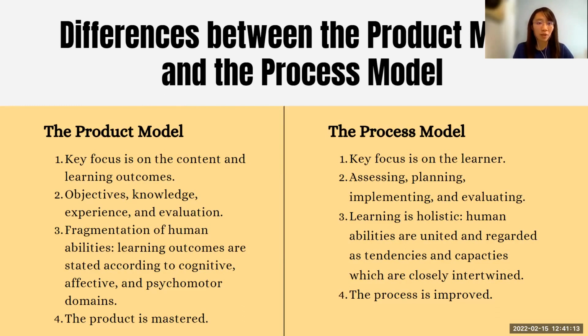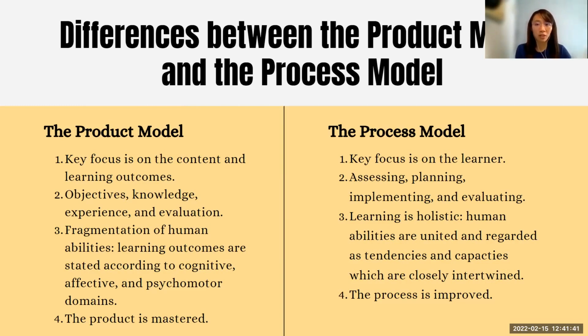For the product model, the four main parts are the objectives, the knowledge, the experience, and the evaluation. But for the process model, it's assessing, planning, implementing, and evaluating. From these words alone, you can see that the product model is focused on things like objectives, things that you can write down, knowledge, things that you can identify, and evaluation, like test papers.